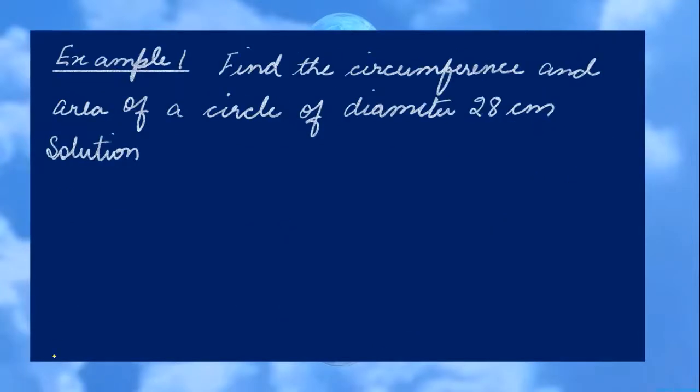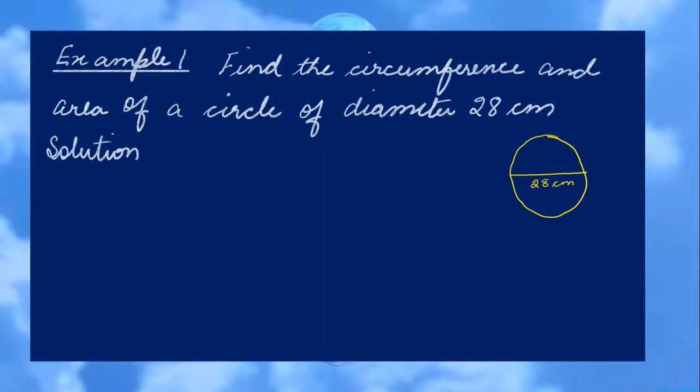So now come to the first example. Find the circumference and area of a circle of diameter 28 centimeter. Now what they have given is a circle whose diameter is 28 centimeter.